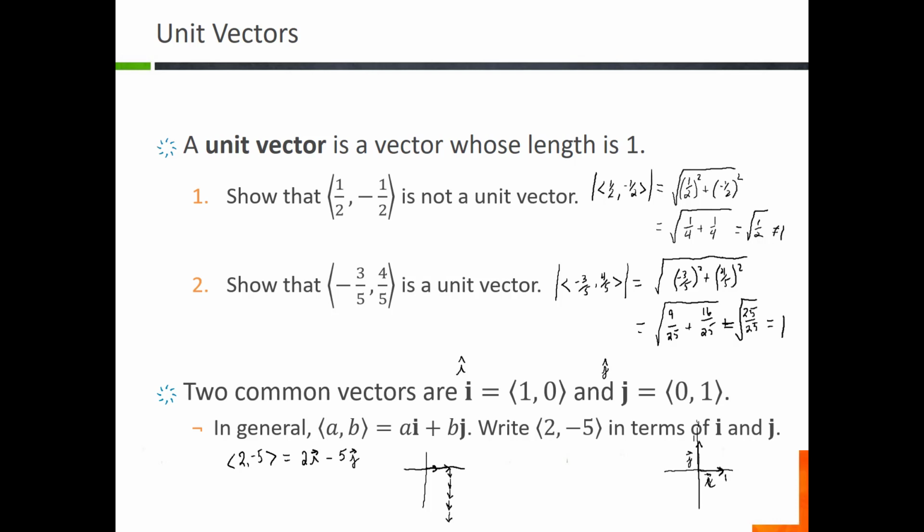So from the origin, this is our vector. It goes 2 units to the right and 5 units down. So that's another way that we can write them. We have the component form using the angled brackets, or we could write the same vector using the ij format.